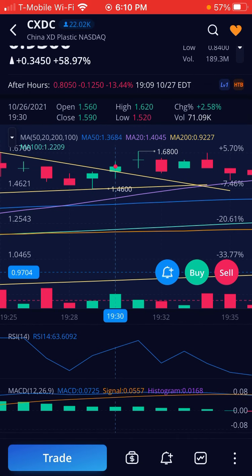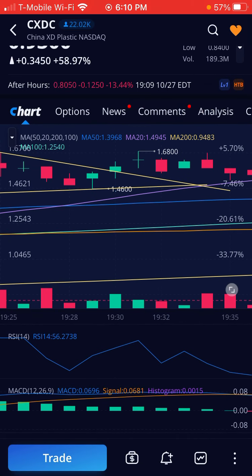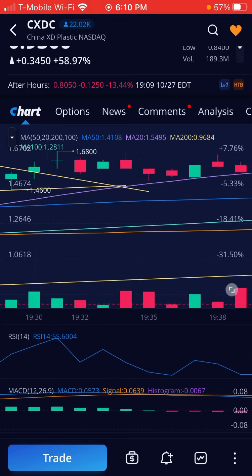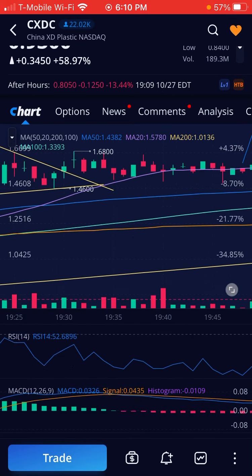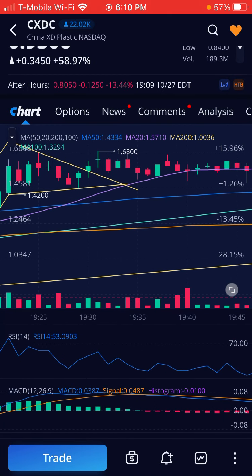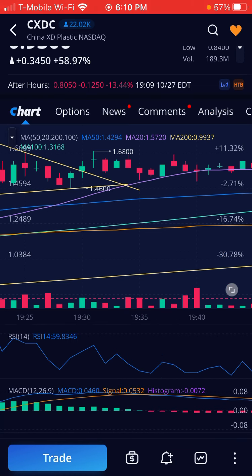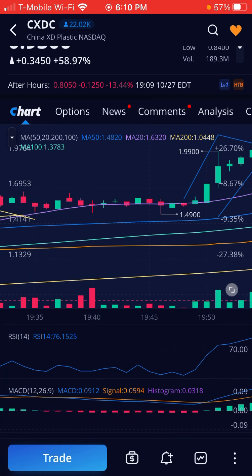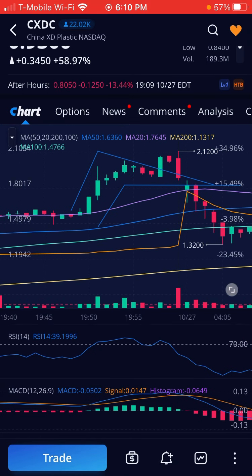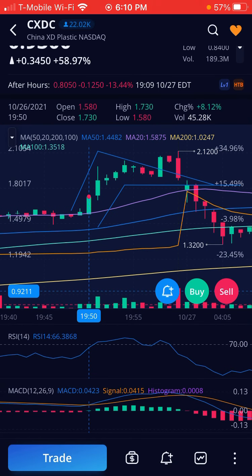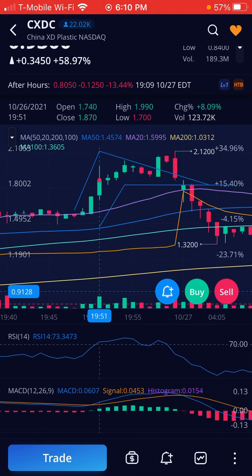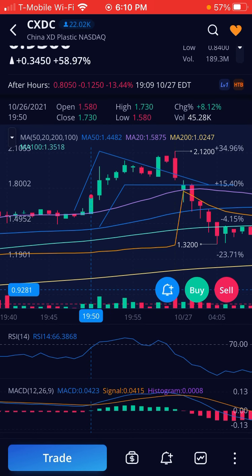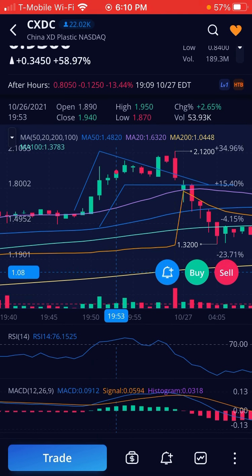Then it clean breaks this line and closes above it. Once it closes above it, then it trades a little sideways, but it holds on with this MA20 line. And then right before close, it decided to create another bull flag that shot it up 8%, 8%, 1, 2, 3, 7%.